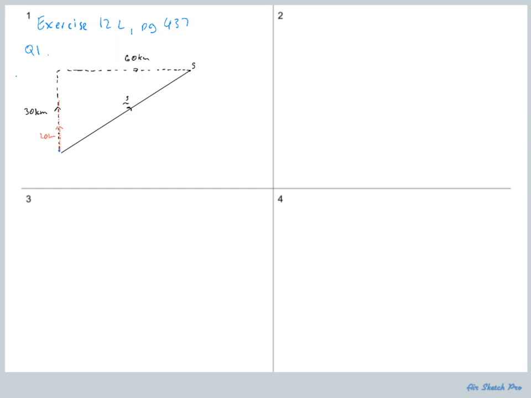And then 45 kilometers east. Oh gosh. I might just fudge it a bit and say it's about there or something. That looks like it's a bit too long, but I hope that's okay. 45 kilometers is the magnitude of the easterly direction there.